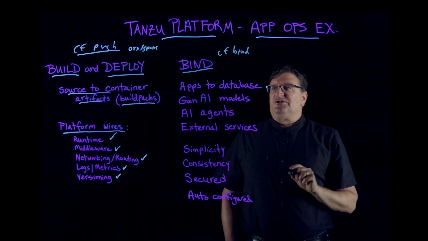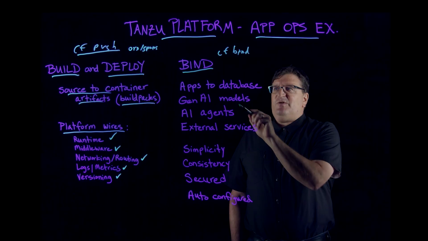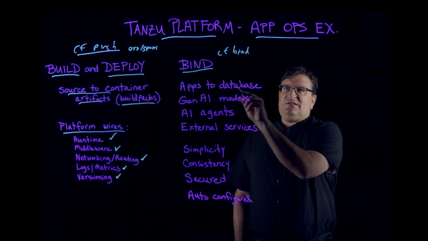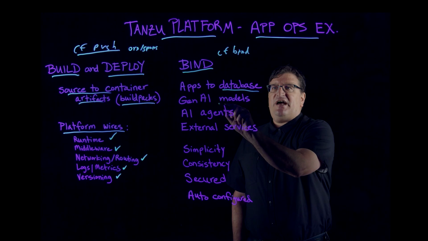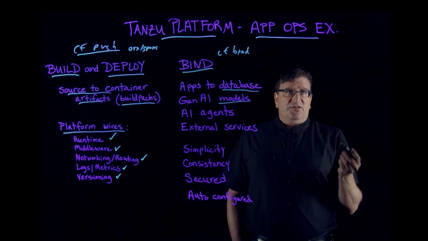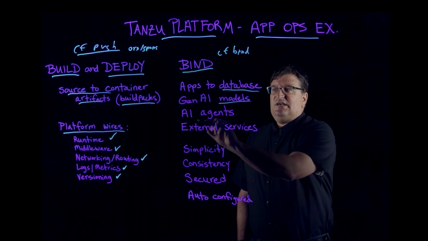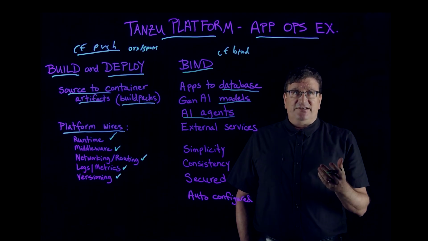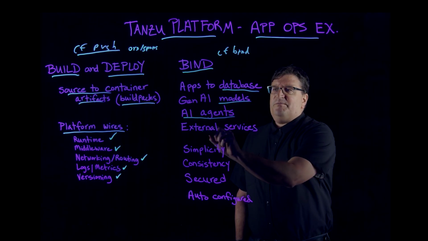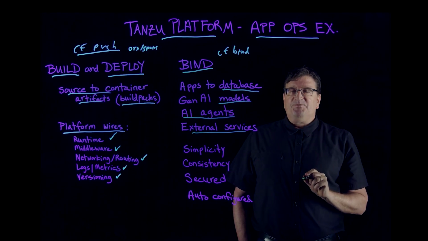Similar to cf push, this is a very easy way to connect between your applications and databases that appear in the marketplace, or to your Gen AI models, regardless of the model that was chosen or the set of models. It's also a great way to bind into AI agents to create an agentic app using MCP, or binding into external services.